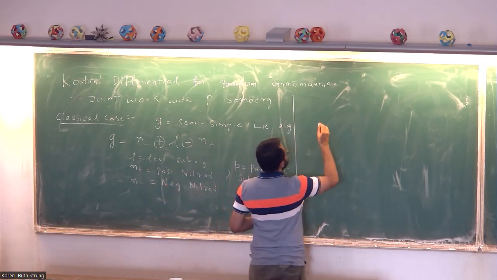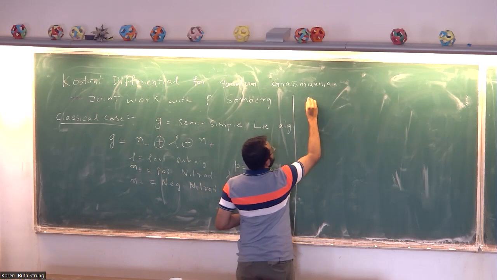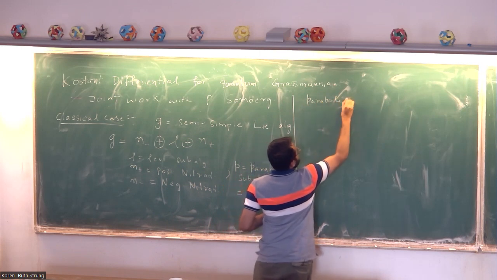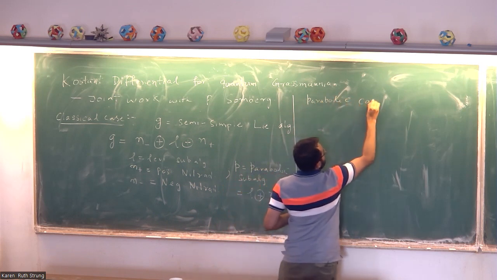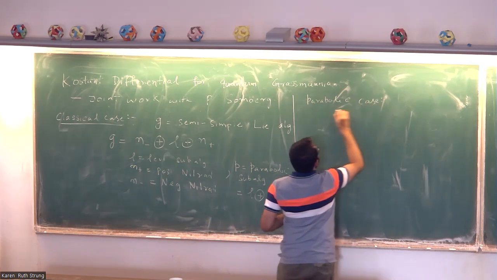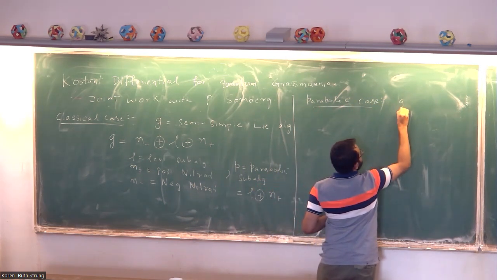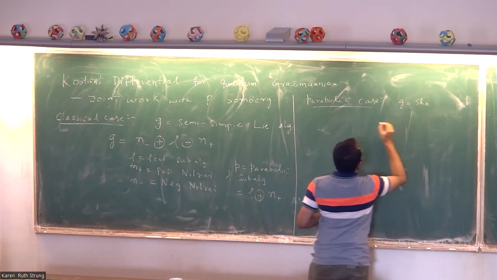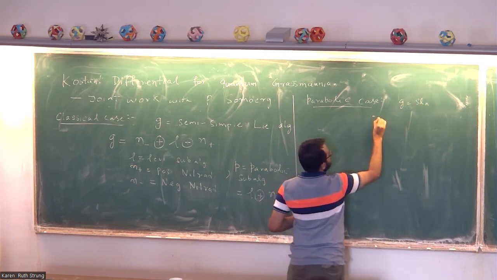So for the parabolic case, when my g is sl, we have a Dynkin diagram like this.